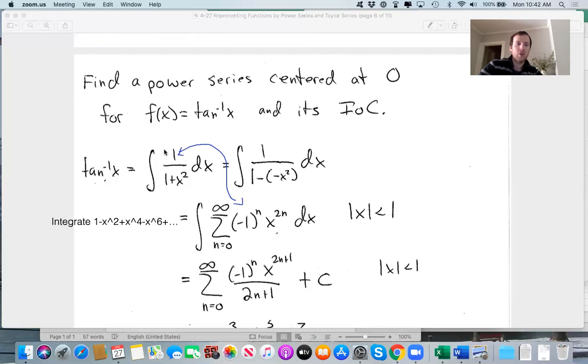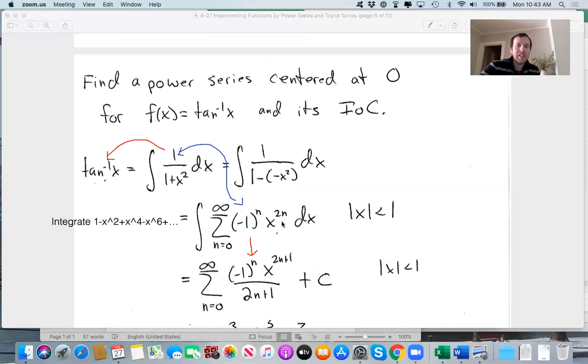So if I want to go from this function and integrate it to get this function, I can go from this series and integrate it to get that new series. And so what we're doing is actually integrating each of these terms using the power rule. We can do that by the formula by saying every term looks like this for some n.